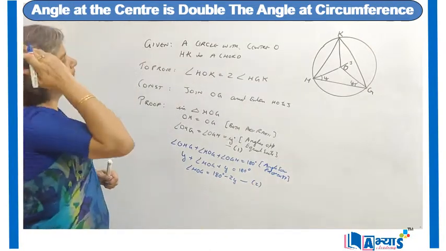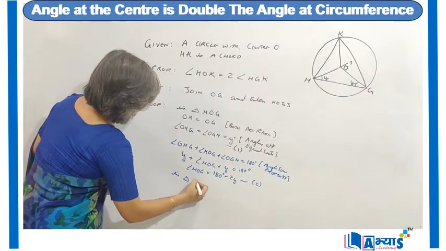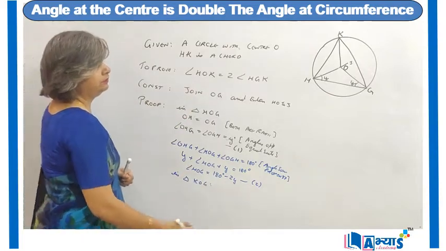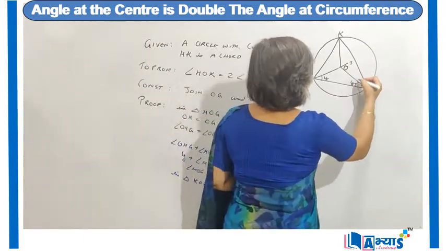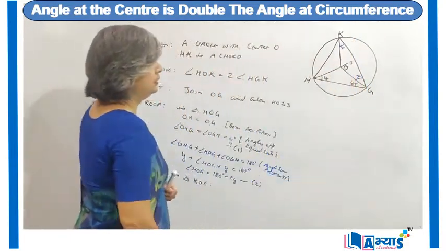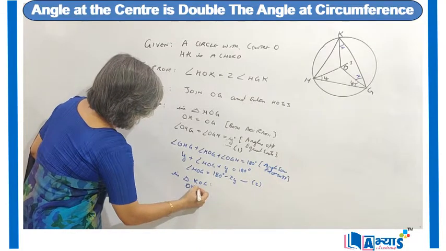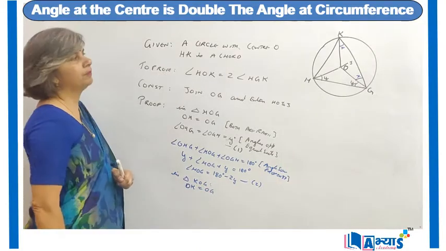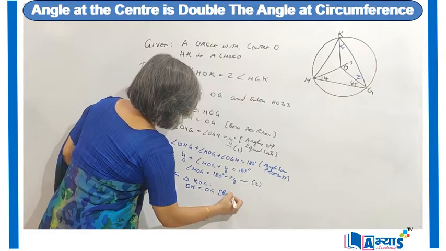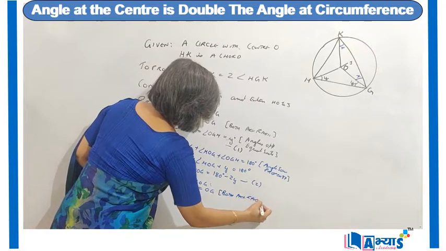So similarly, if we take triangle KOG, let us take it as X, so this will also be X. In triangle KOG, OK is equal to OG, both are radii of the same circle.